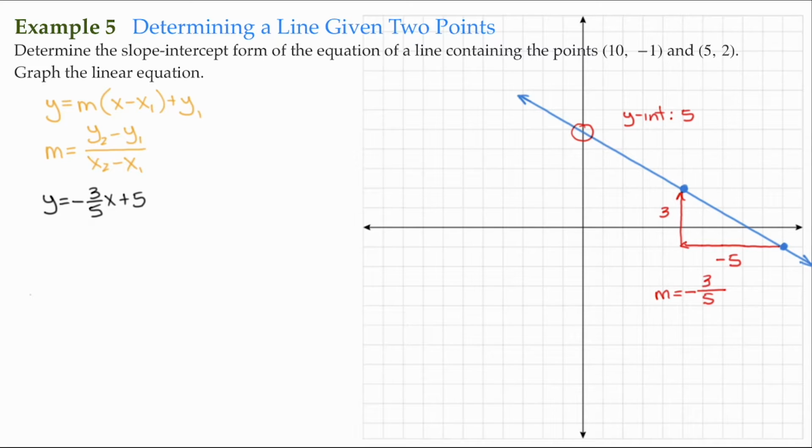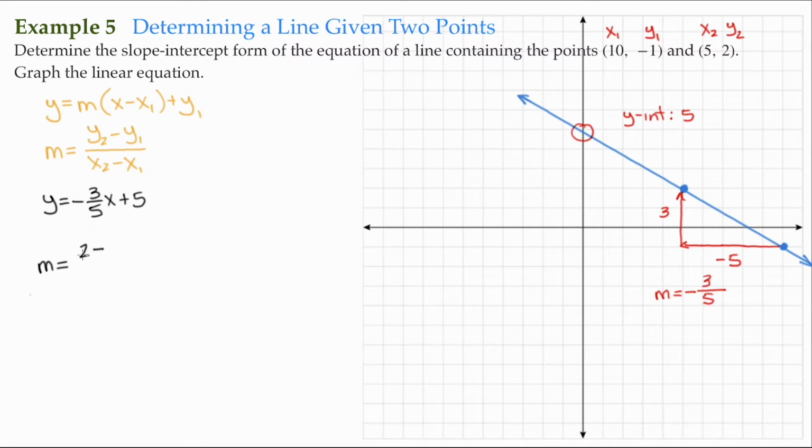Of course, we're also going to do it algebraically. So I'm just going to go ahead and list this as x₁, y₁, and this point x₂, y₂. Now, this doesn't have to be x₁, y₁. It could be x₂, y₂. It doesn't matter. Either way, you're going to come up with the same information. So now I can determine my slope. m is equal to y₂, which would be 2, minus y₁, which would be -1.